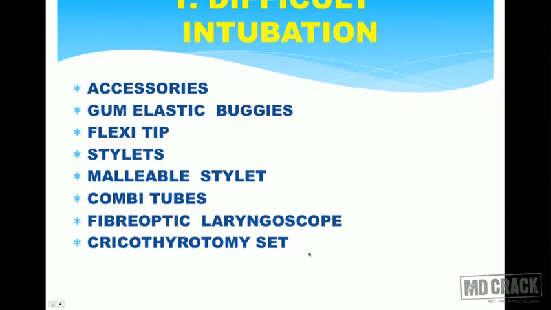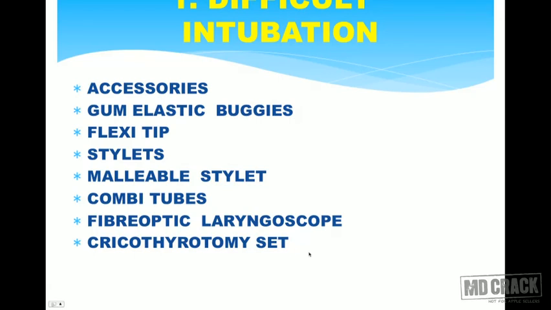Stylets, various forms of stylets are available in the market, so that you can intubate the cord with the help of a stylet and just pass the endotracheal tube over the stylet. There are malleable stylets which are recently available. Some of the malleable stylets also have a light source at the tip, so that even without laryngoscopy, just by passing the stylet, you can intubate the cords. Some of the combi tubes are available with which you can intubate the cords.